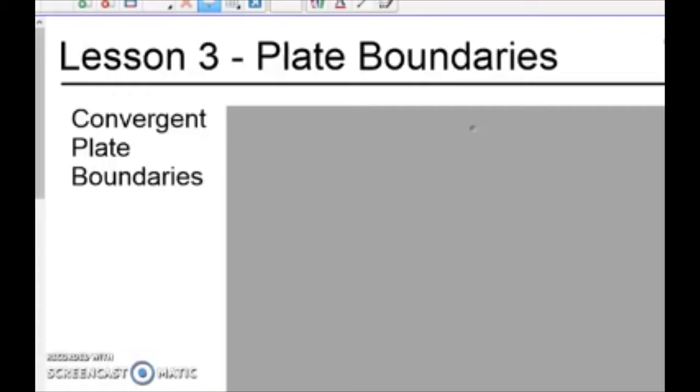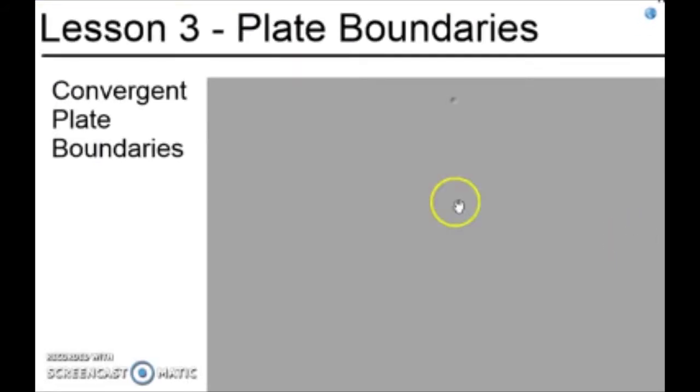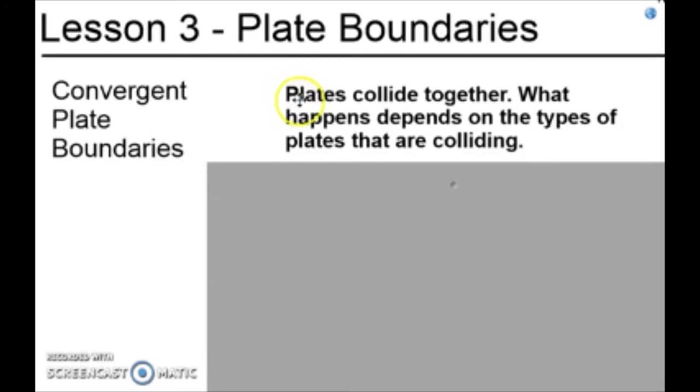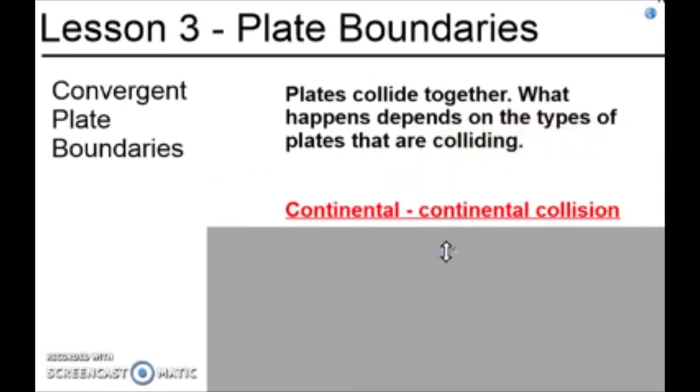And in our notes, what we have is convergent plate boundaries where, well, what are they? This is where plates collide together. And now what happens depends on what types of plates are colliding. So the first example, what I just showed you, is continental-continental.